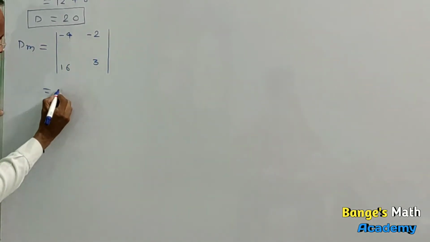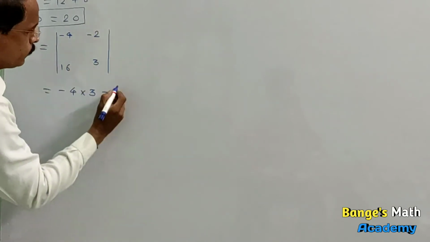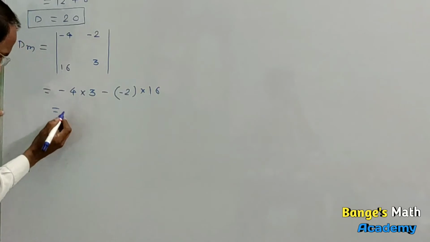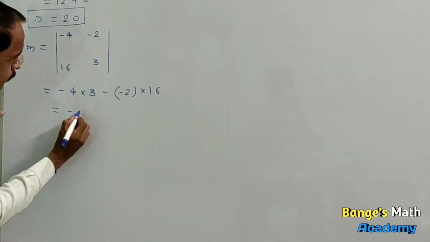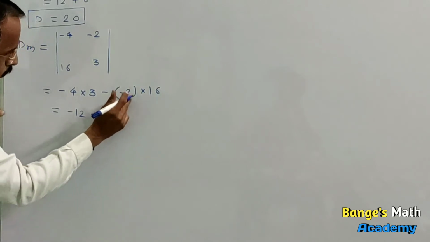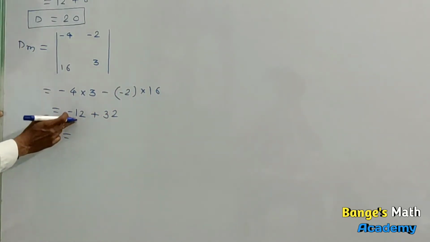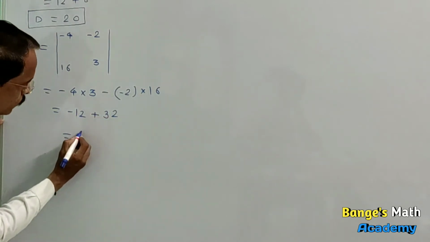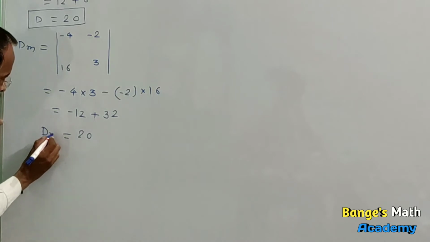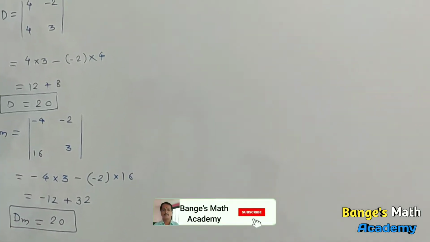Minus 4 into 3, minus 2 into 16, is equal to minus 4 into 3, minus 12, minus into minus plus 2 into 16, 32. Minus 12 plus 32, 20. We find the value of dm is 20.